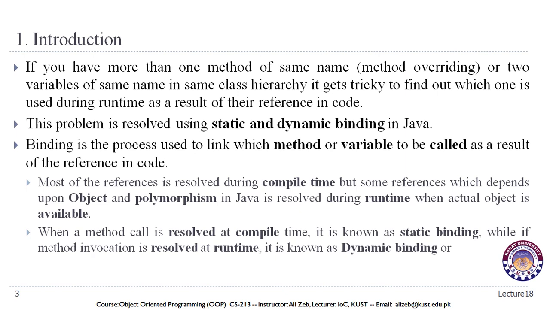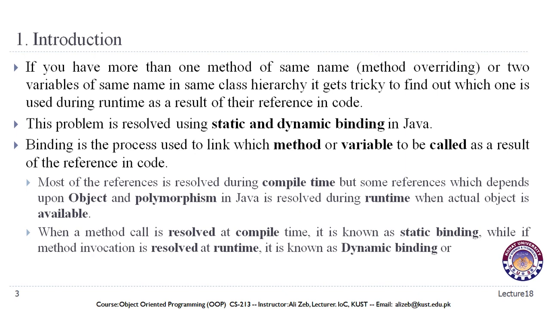When a method call is resolved at compile time, it is known as static binding. When we know in advance which method would be called or which variable will be used, that is static binding. We know at compile time exactly which method will be called or which code will be executed, right at the start of the program.